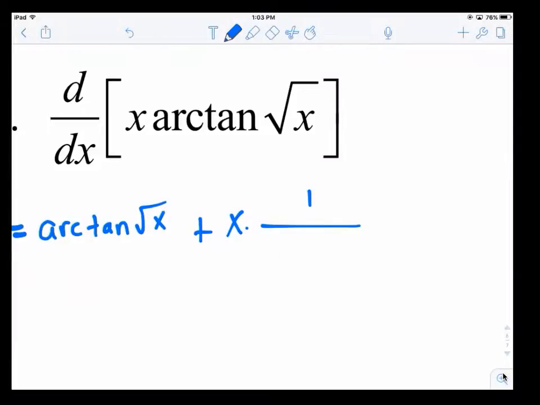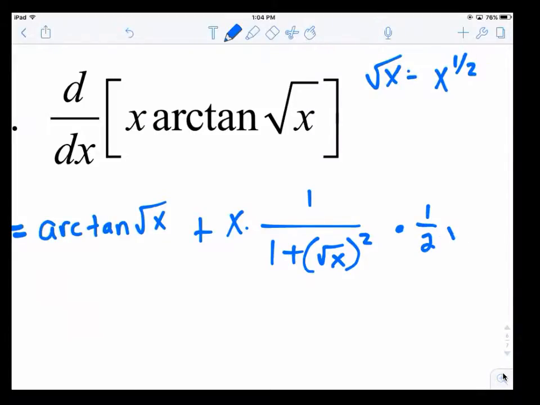Good. 1 over 1 plus, now, instead of x, I'm going to replace the x with radical x, squared, times now the derivative of square root of x, which is the same thing as 1 over 2 radical x. Right. Okay, so is that it? That's it.